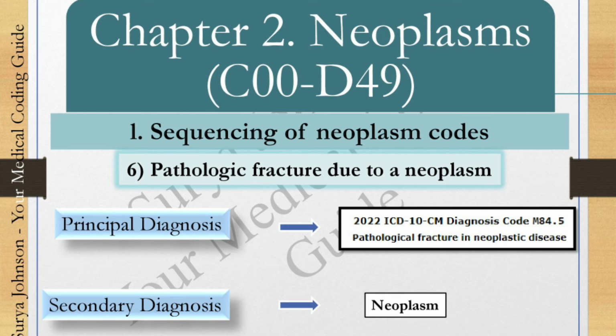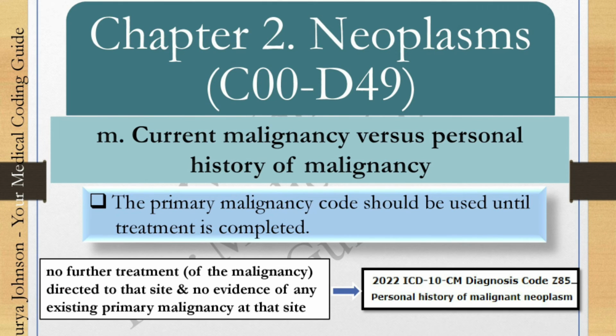Let's see. The next one here is M, current malignancy versus personal history of malignancy. The primary malignancy code should be used until the treatment is completed. We already saw that one in the same chapter. The primary malignancy should always be coded as primary malignancy till the treatment is completed and the malignancy has been completely eradicated.